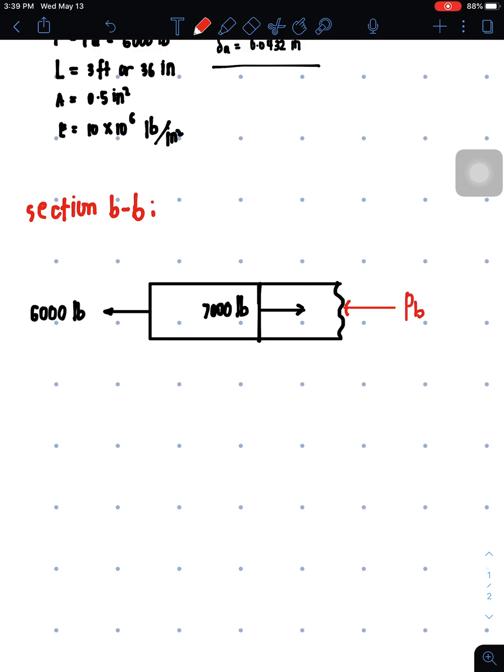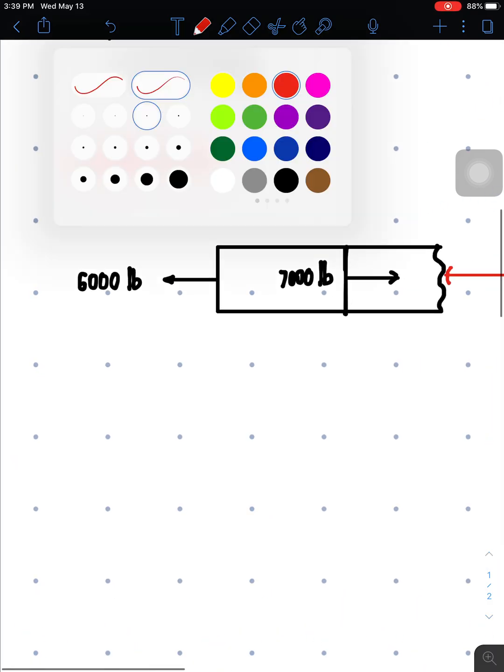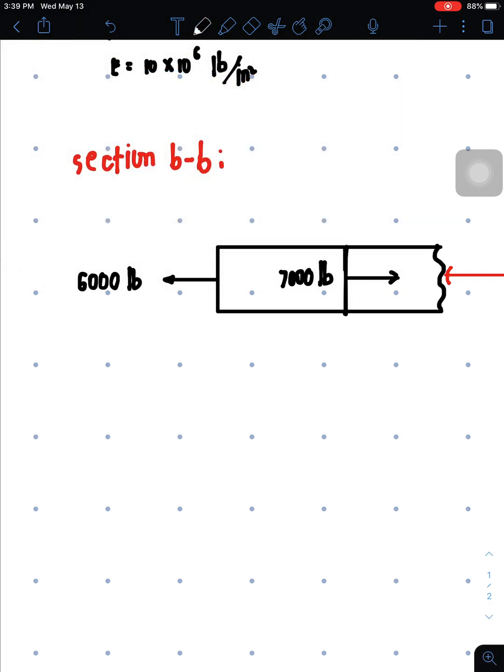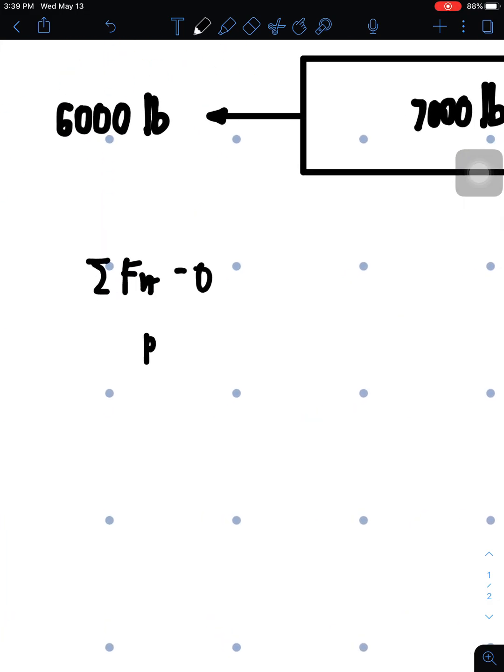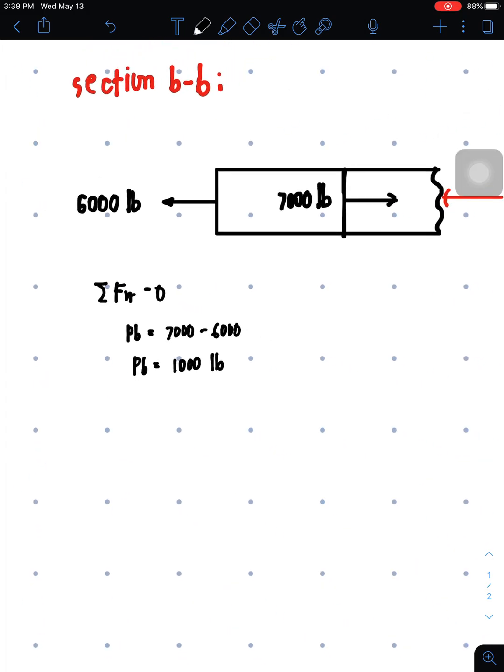So this is the force under section B. We get it from the summation of horizontal forces equal to 0. You'll have PB is just equal to 7,000 minus 6,000. So as I have told you earlier, we need 1,000 more pounds.